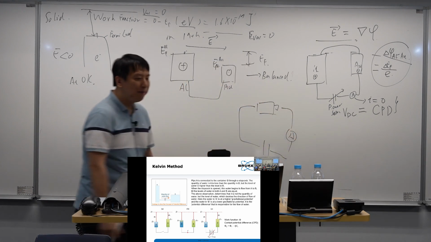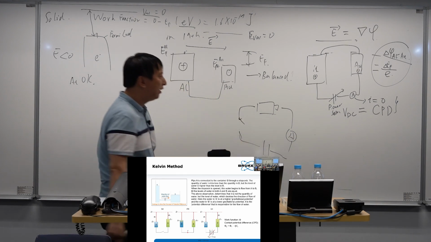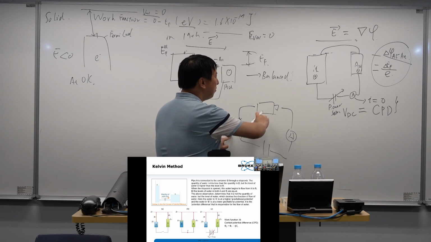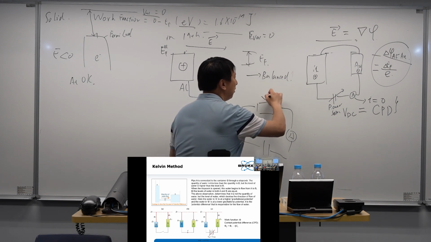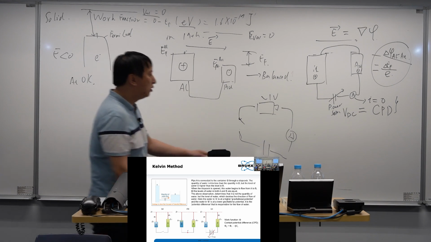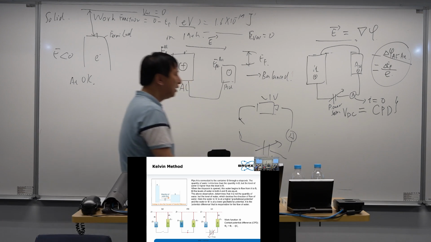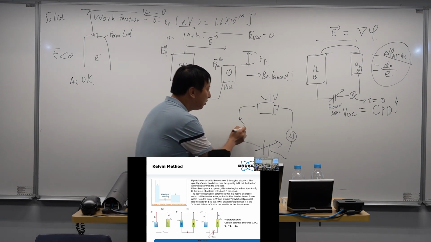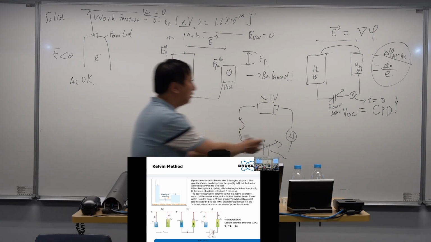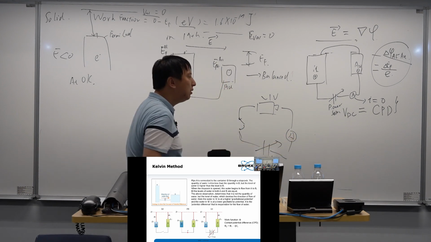You put a switch here, and for example, I know this one is around 1 volt. I will set this to 1 volt, turn on the switch, and I would get some current showing on this ampere meter, right?